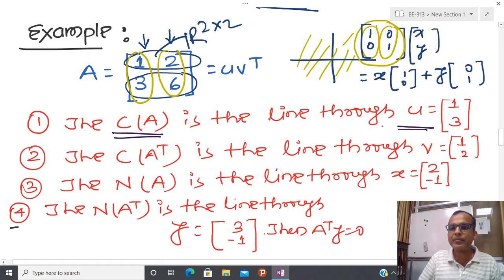So because this is a 2 cross 2 matrix, it represents a 2-dimensional plane, and this is a line, because the other point again lies on this line only. Similarly, C(A transpose) is nothing but these 2 entries, 1 and 2, the line through 1 and 2, and obviously 3 6 is going to lie on this.